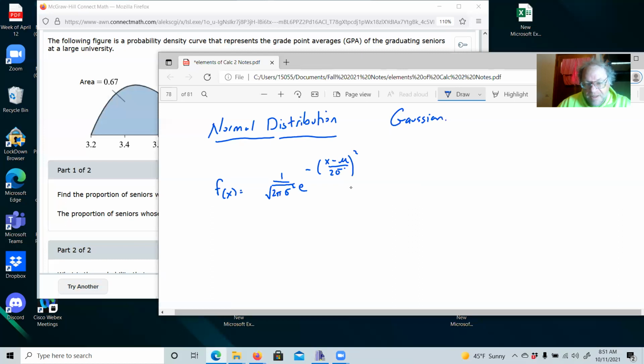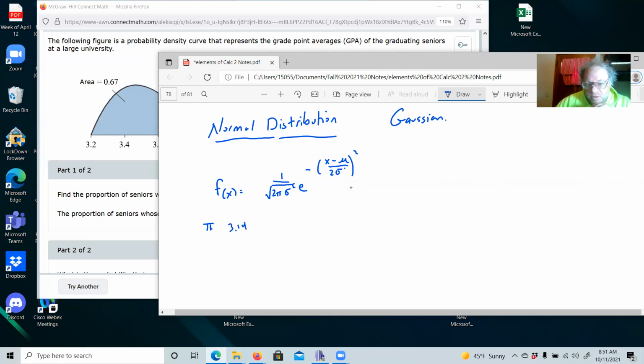And now we are going to have to figure out areas underneath this thing. So let me explain a couple of things to us. You've met pi before, right? Probably in a geometry class, it's the ratio between the circumference and the diameter.